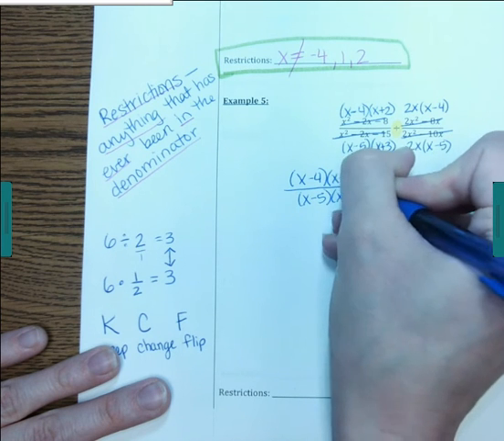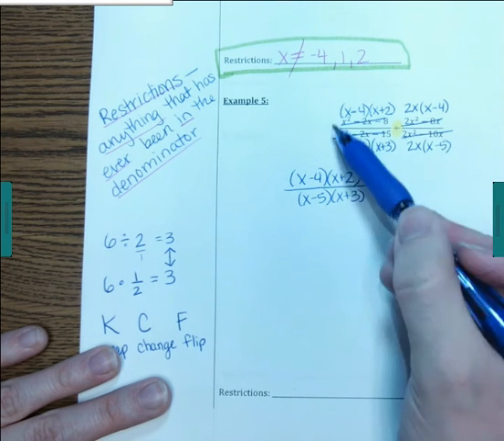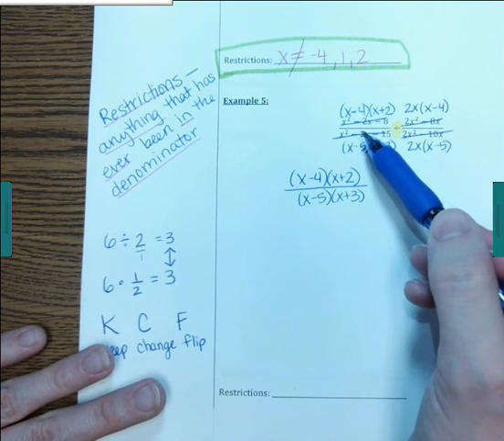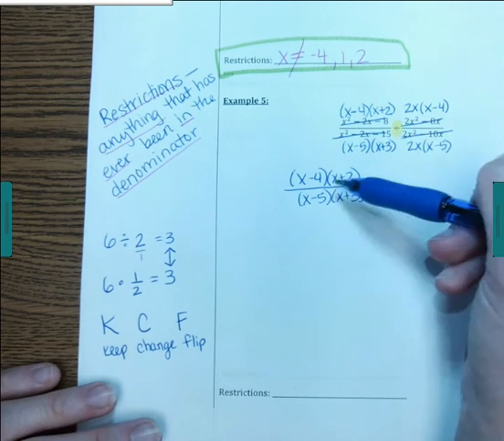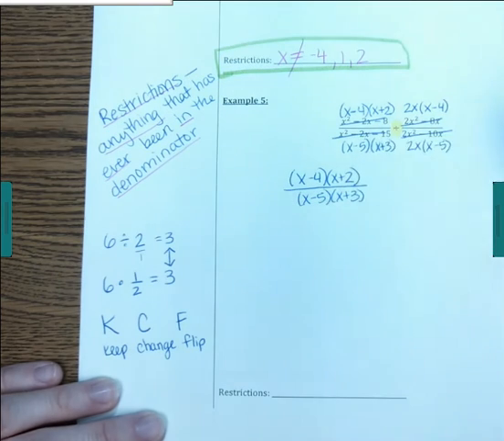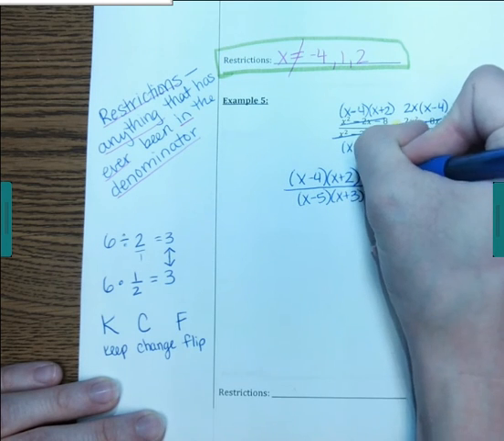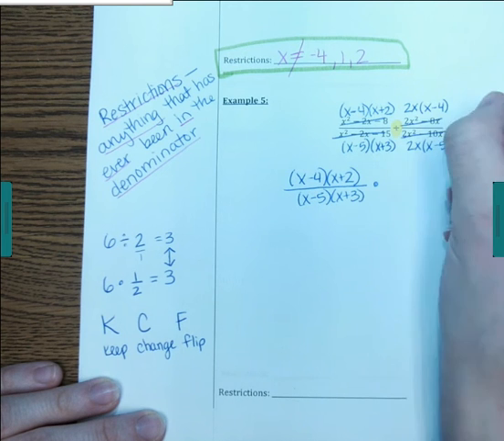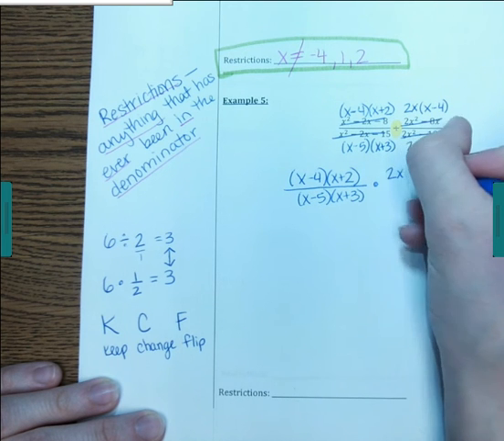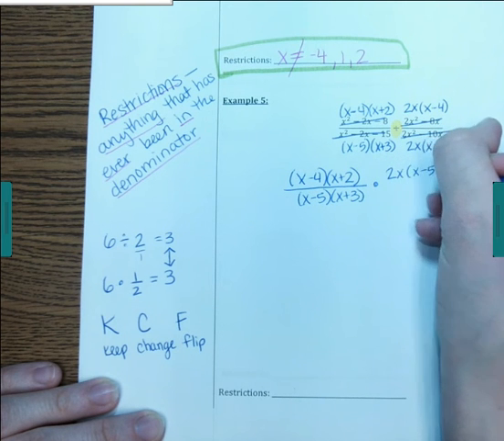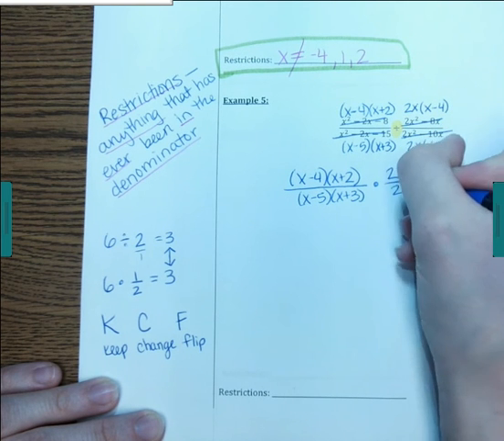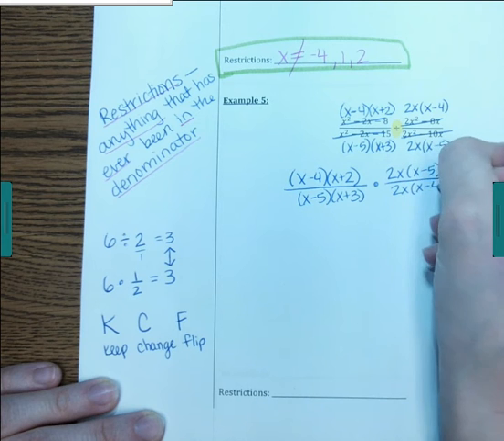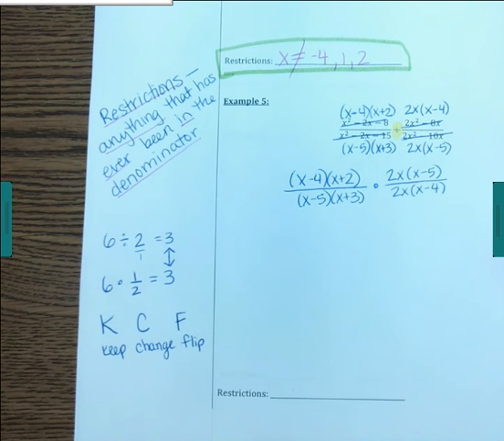Some of you may like just rewriting anyway because this shenanigan may seem like too much all at once for you. So we keep, then we change this to multiplication, and then we flip. We do the reciprocal. So flip this over, we have a 2x times x minus 5 is now on the top, and 2x times x minus 4 is now on the bottom.